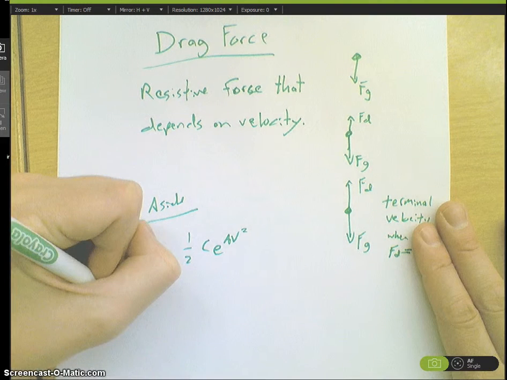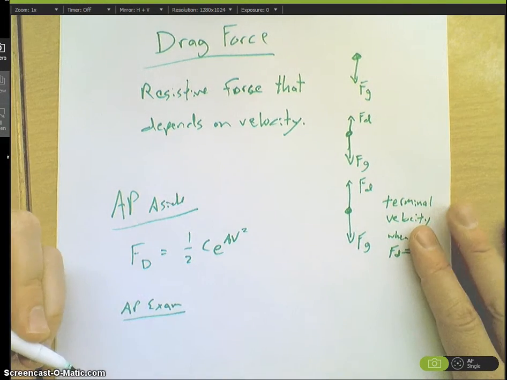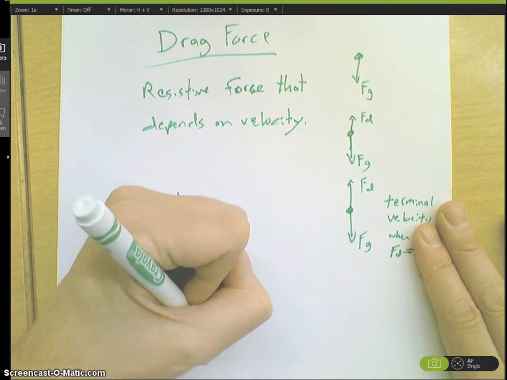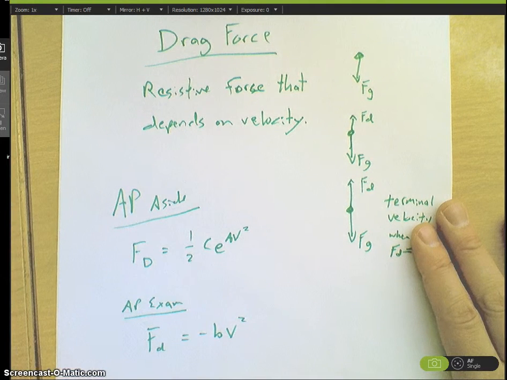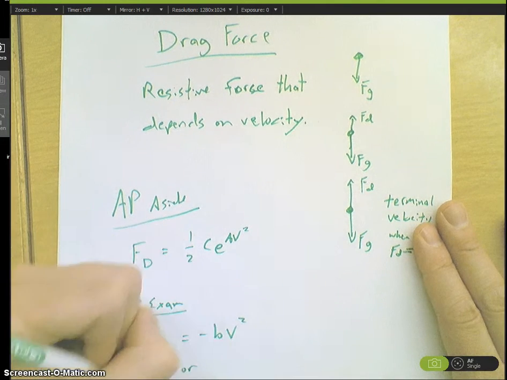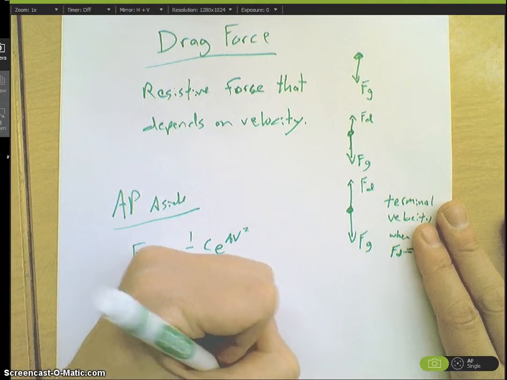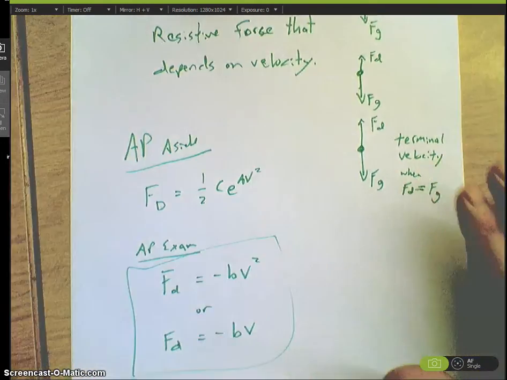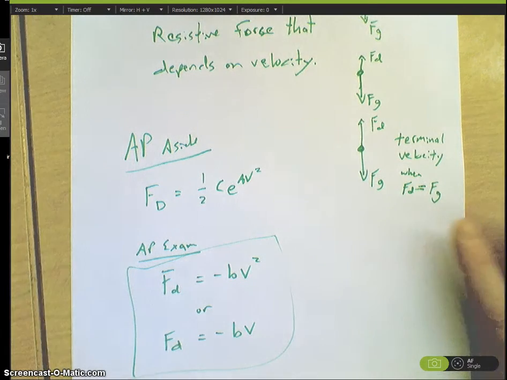And on the AP exam, if they ask a drag force question, which they tend to do every 2 to 3 years, it would be something like this. The drag force is equal to negative b v squared. Or they might do it like this, negative b v. This is, of course, the simpler of the two equations, but in years past, they have presented it.